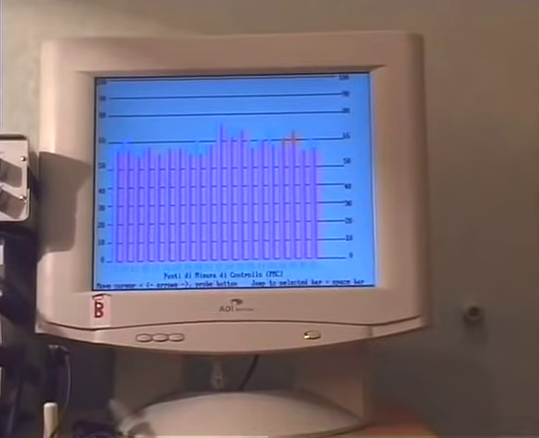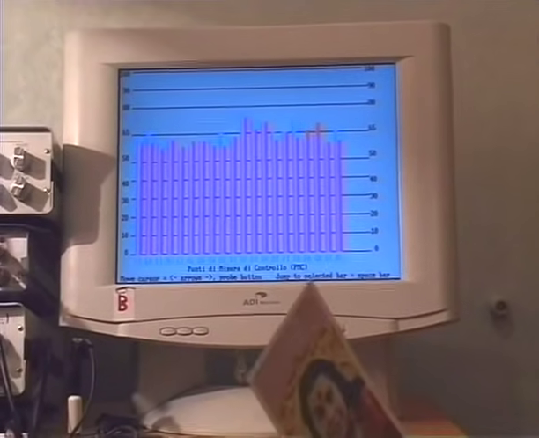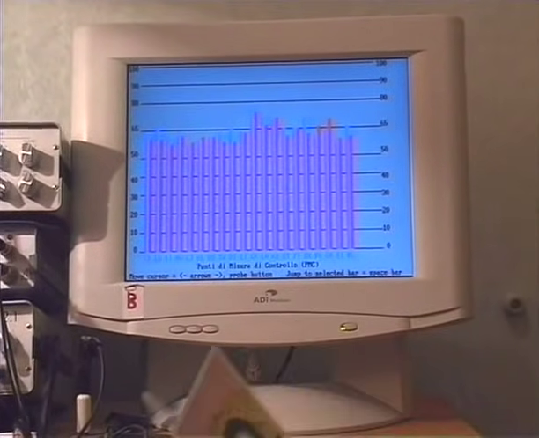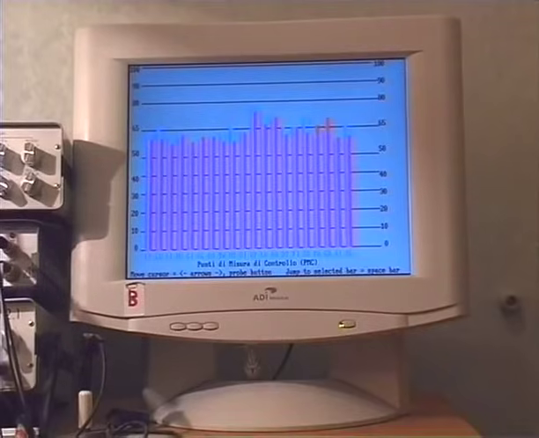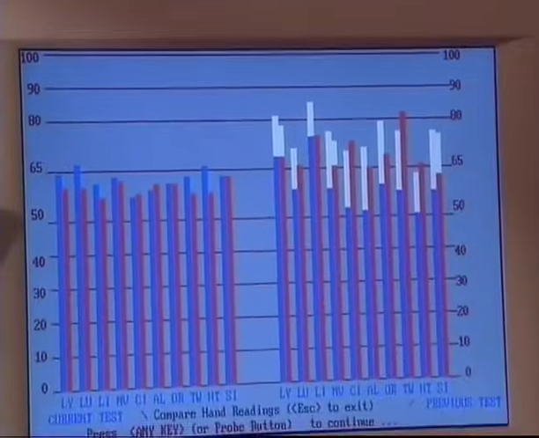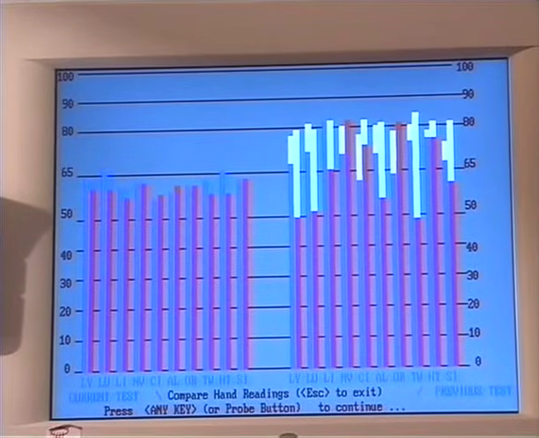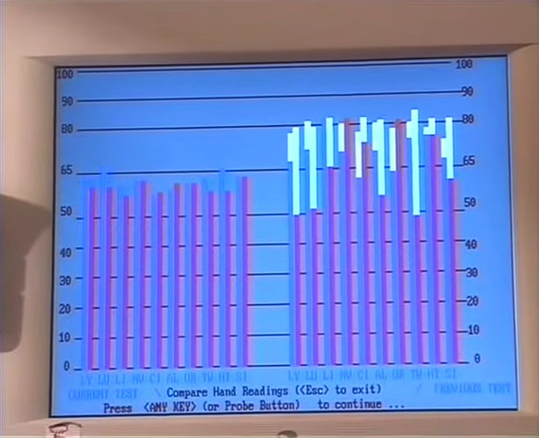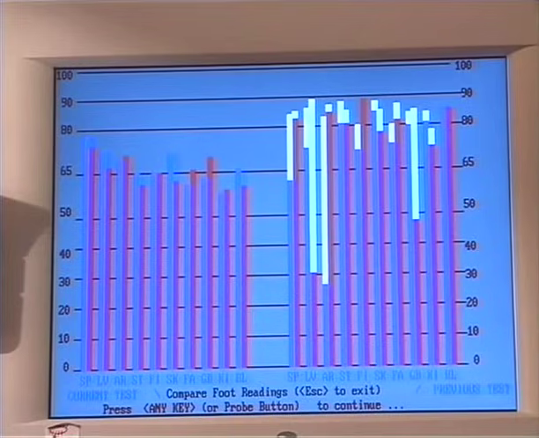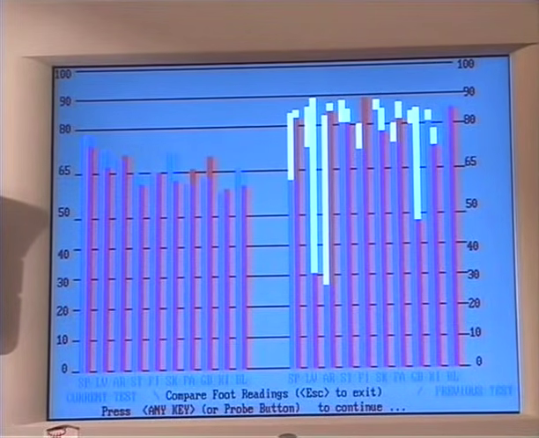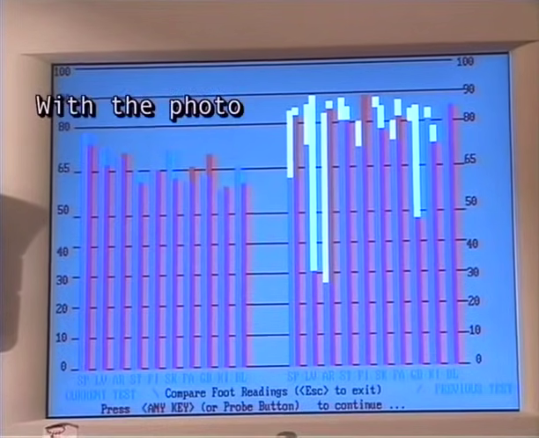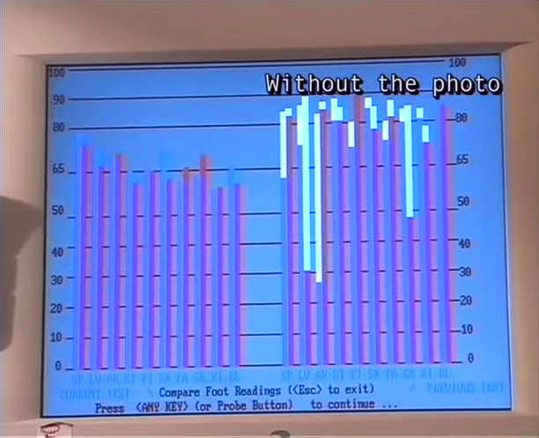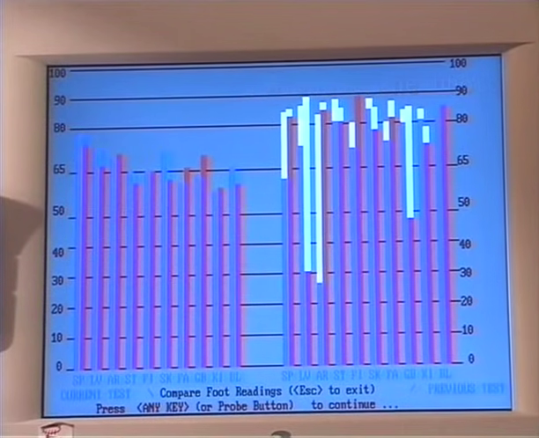So this is the examination of the patient while she holds the photo in her hand. I don't know who this person is, but it is incredible. Look at the differences. First, the test carried out without the photo. This is the difference between the 2 tests. This one on the left with the photo and this one without the photo, of the hands and the feet.